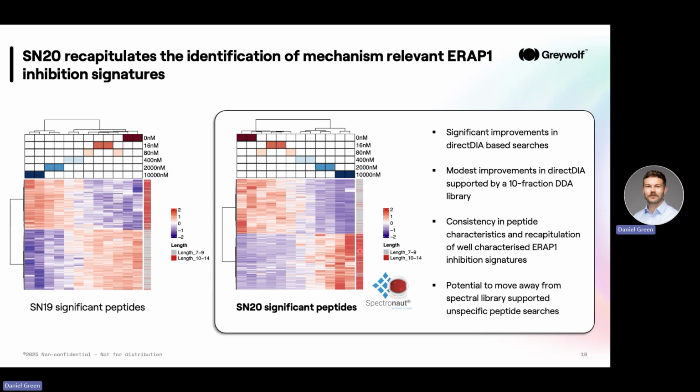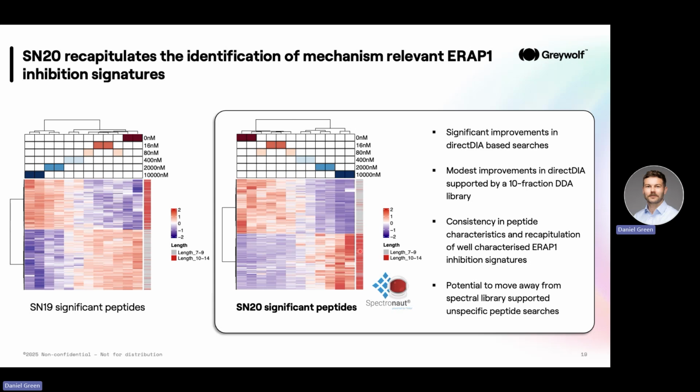So really, to summarize, based on the first case study, we've seen what looks to be quite significant improvements in library-free based directDIA searches, and really only modest improvements when you add in that supplemental 10-fraction DDA library in the context of this experiment.